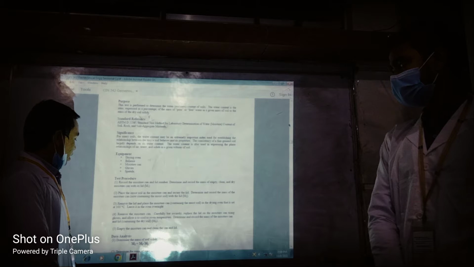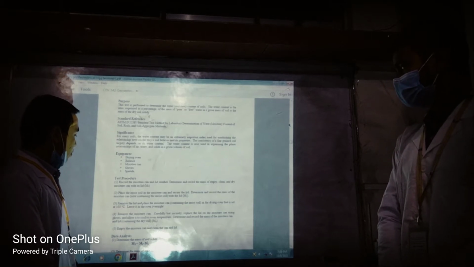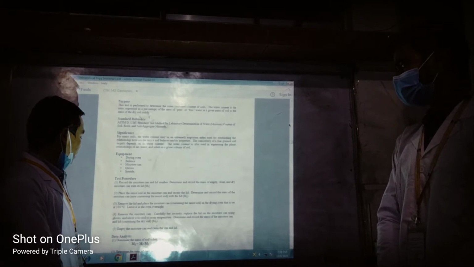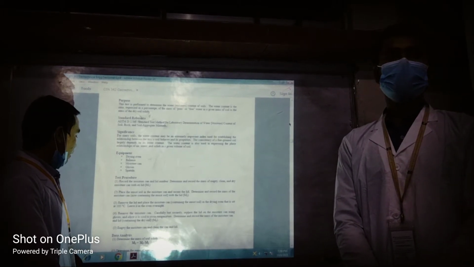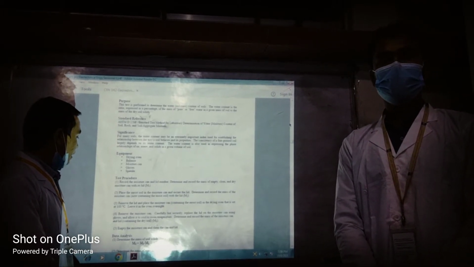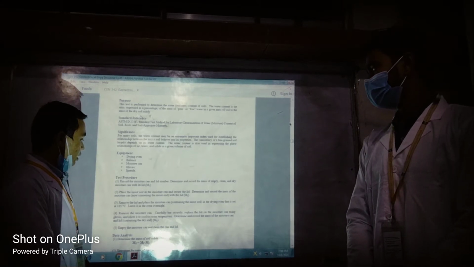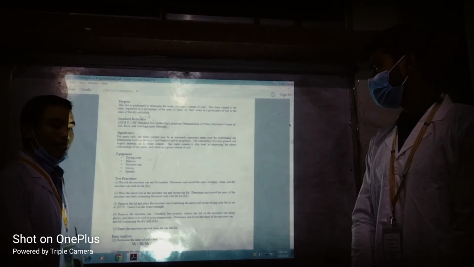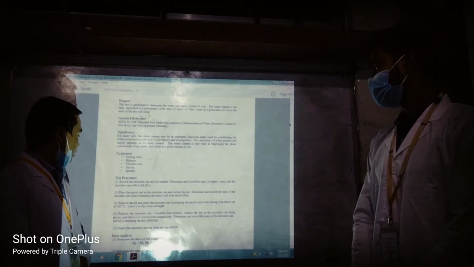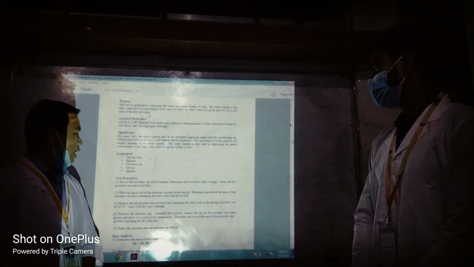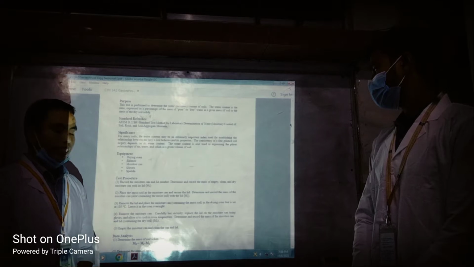Step 4: remove the moisture can carefully but securely. We have to take the moisture can carefully and replace the lid on the moisture can.